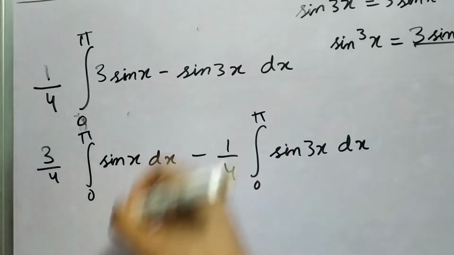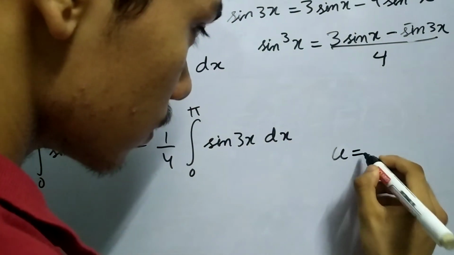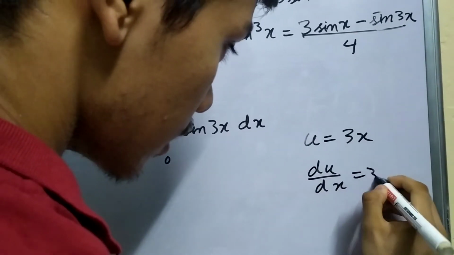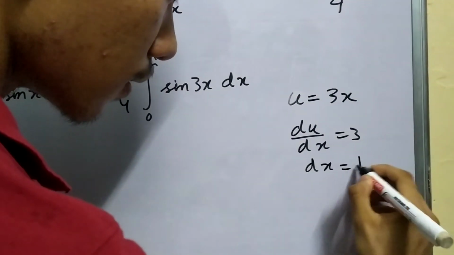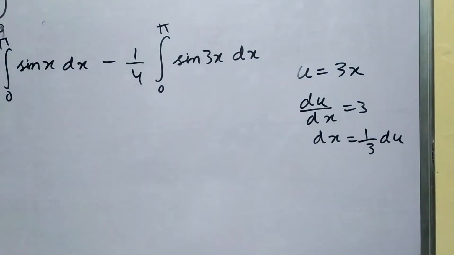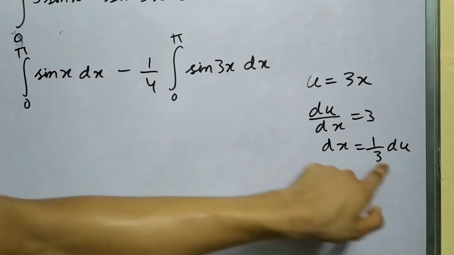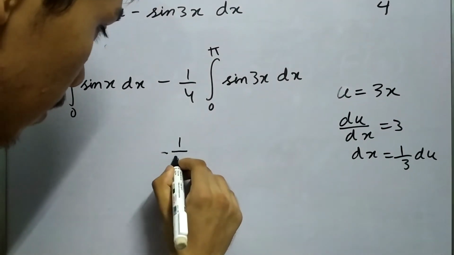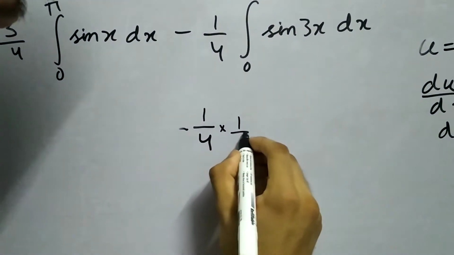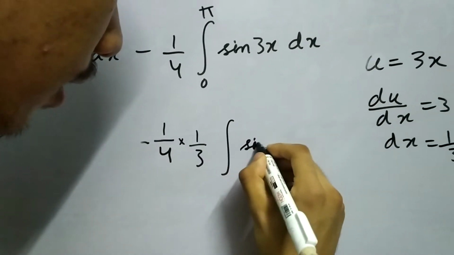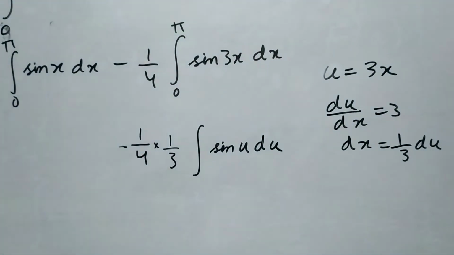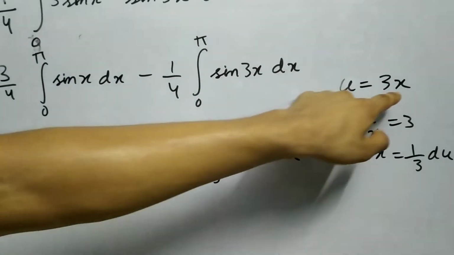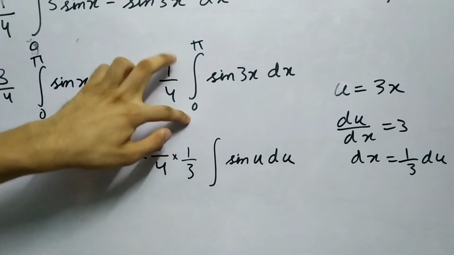You can use u substitution here. Define u as 3x, so from this we get du by dx as 3, and dx is 1 by 3 du. You can replace dx here with 1 by 3 du and you get minus 1 by 4 times 1 by 3 times the integral of sine u du. Now here's the interesting part where we change our limits. u is equal to 3x, and x goes from 0 to pi.